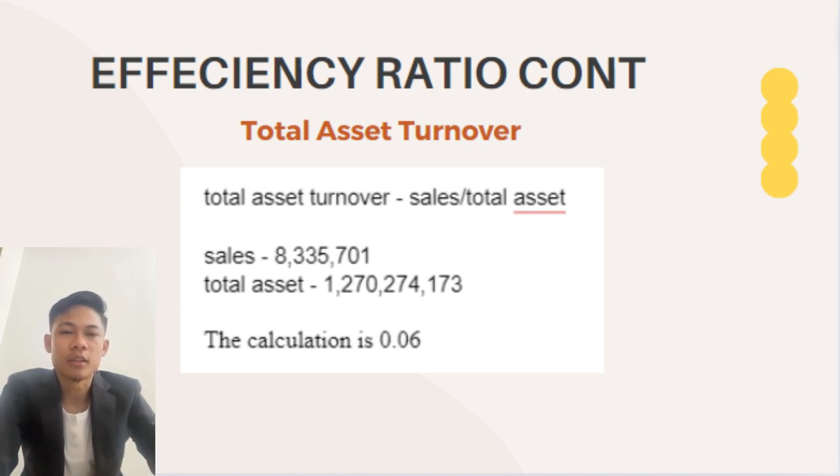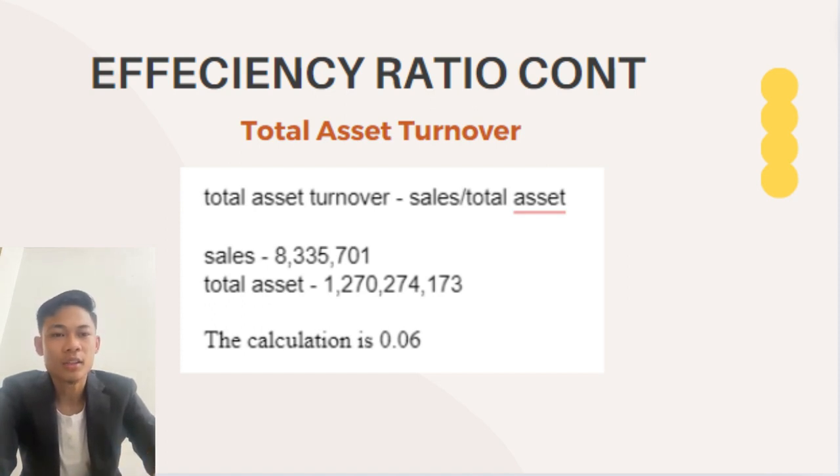First about the total asset turnover. But before I start with the presentation about the ratio, I will summarize a bit about what total asset turnover is. Total asset turnover is a key financial metric that measures how efficiently a company uses its assets to generate sales, calculated by dividing net sales by total assets.